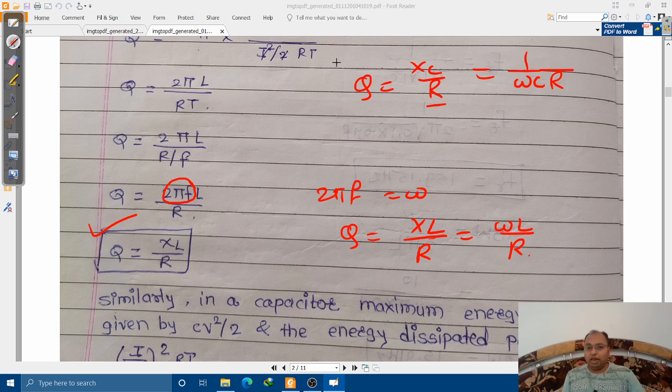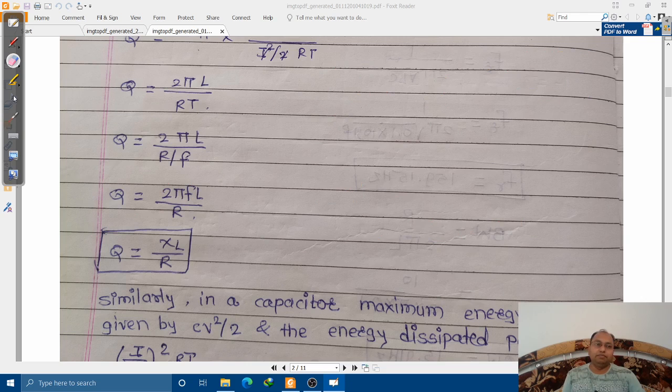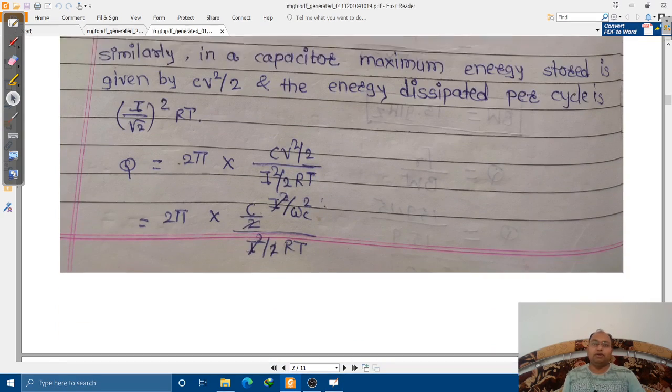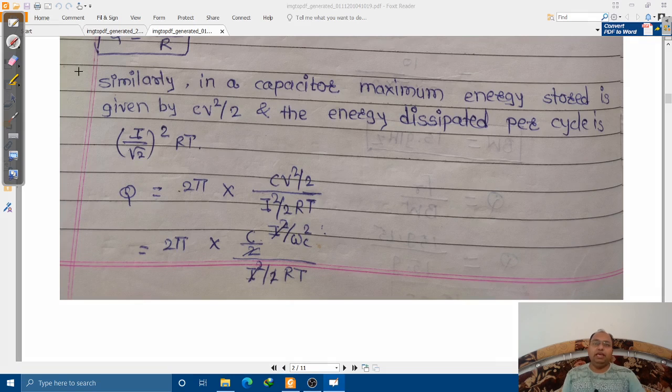Let us now find the quality factor of the capacitor. In the case of a capacitor, the maximum energy stored is half CV square, and the energy dissipated in the resistor will be the same: (I by root 2) bracket square into RT, where T is time.